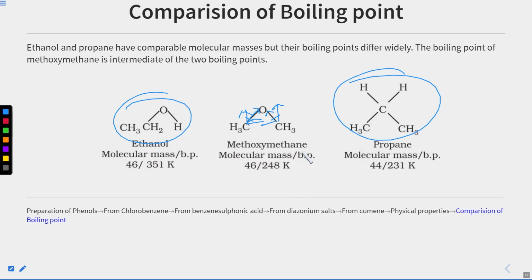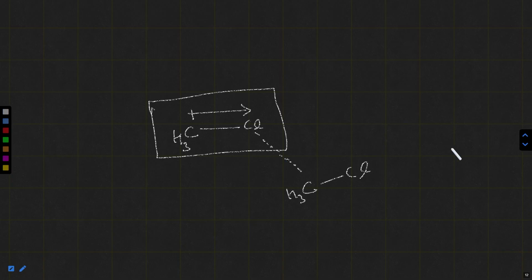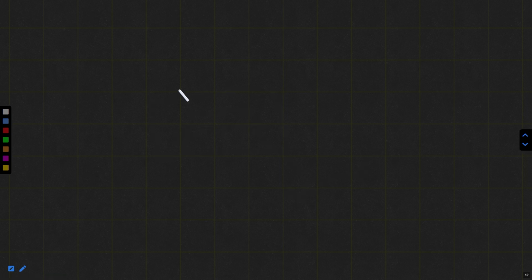Therefore, if we compare all of these, I can write here that if we have comparable mass, so the statement should be clear, the masses should be comparable, so that the effect of van der Waals forces cannot disturb the boiling point. If all of these have a comparable molecular mass, then we can say that alcohol has the highest boiling point.